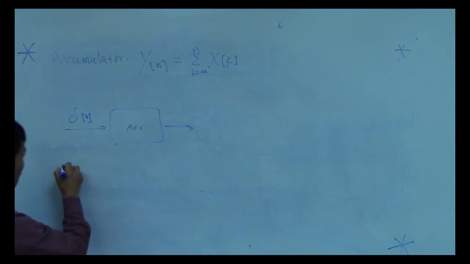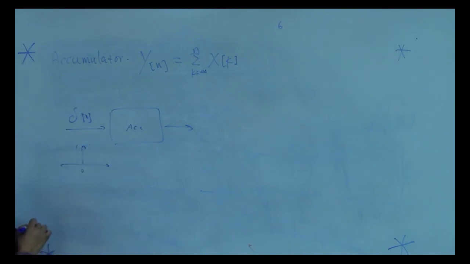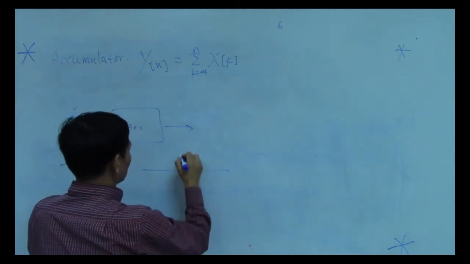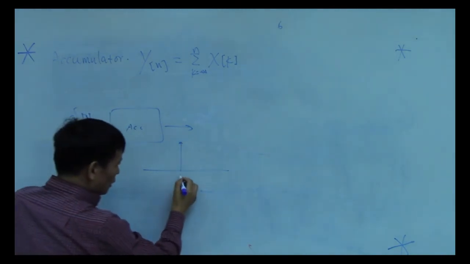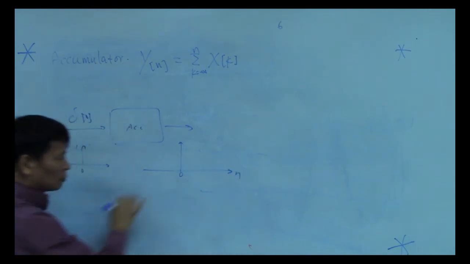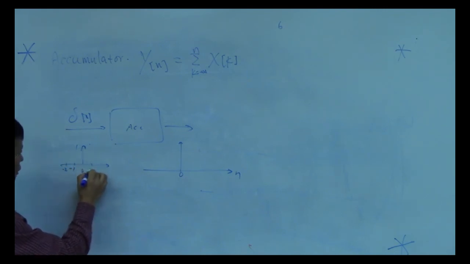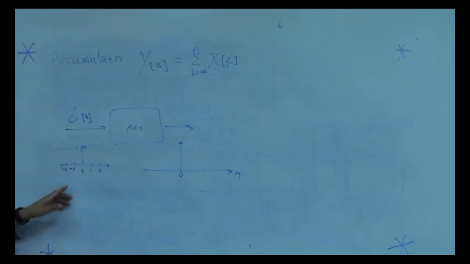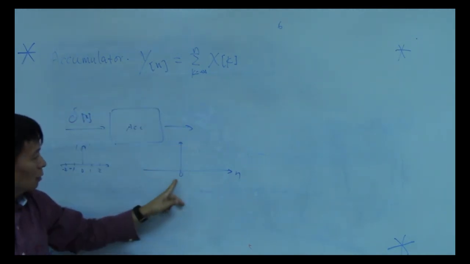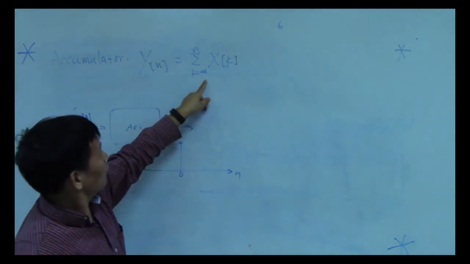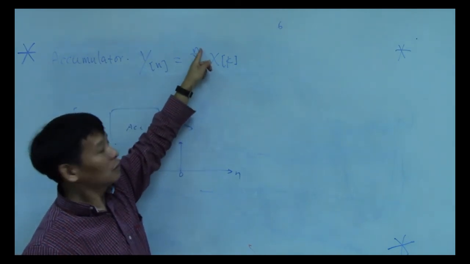Let's draw this. This one is just like this. 1. Right? Okay, let's see the output. When n equals 0, this is the sum of all the input from all the way back to 0.